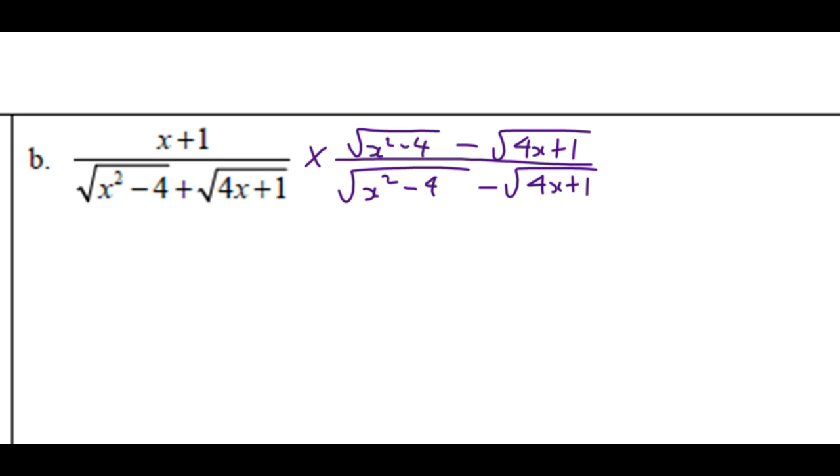What's this equal to? 1, right? So we're not actually changing its value, we're just changing its form, but not its value. Keeping in mind there are non-permissible values. We can't end up with a 0 on the bottom.